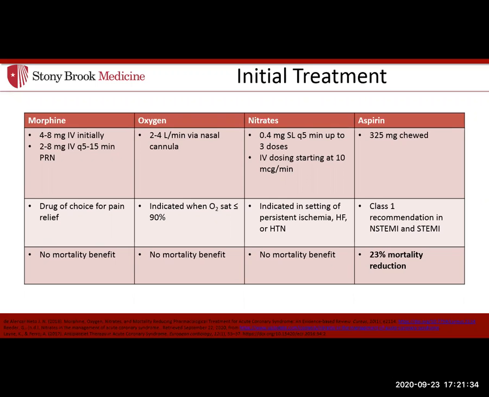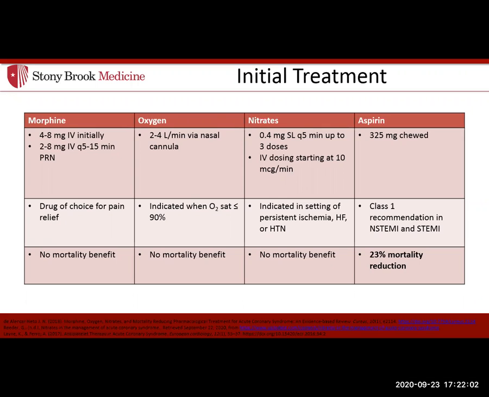So to go over morphine, as you can see, we have the doses that are used as well as their indications and their mortality benefits or lack thereof. We want to use morphine because pain is associated with sympathetic activation, and this can cause vasoconstriction and increase the workload of the heart. So by treating this pain, we're also treating that mechanism of myocardial damage.